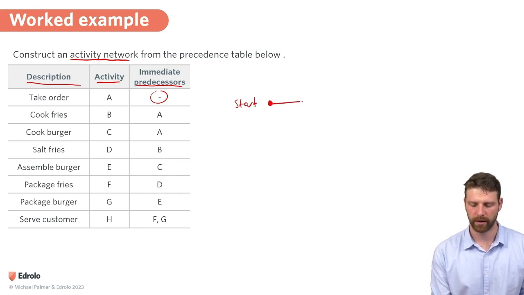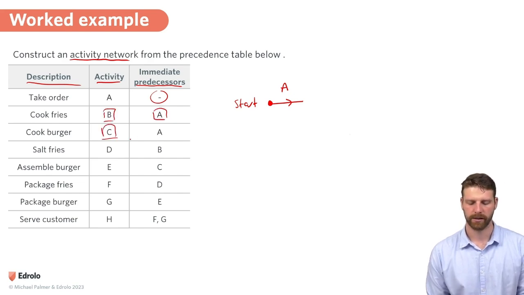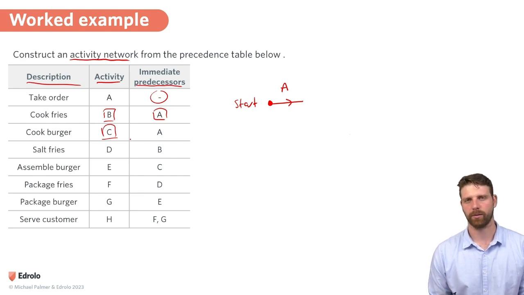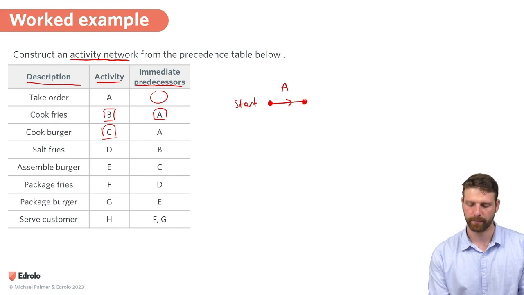Okay, so then I know that I do activity A straight after the start, and I can see that A is an immediate predecessor for B and for C. So I think what's going to happen here is the diagram is going to fork out. So I'm going to draw a vertex. I've done activity A, and that means I can start activity B, and I can start activity C. And I'll close those off with another vertex.